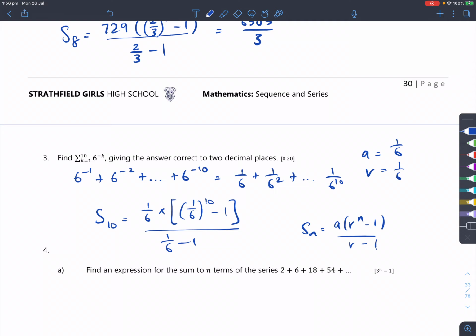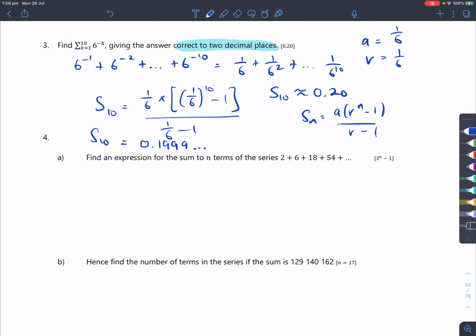All right, let me just double check that on my calculator. So 1/6 times that. Okay, I get 0.199 and so on, and so that would round to S10 being approximately 0.20 if I was to correct this to two decimal places.